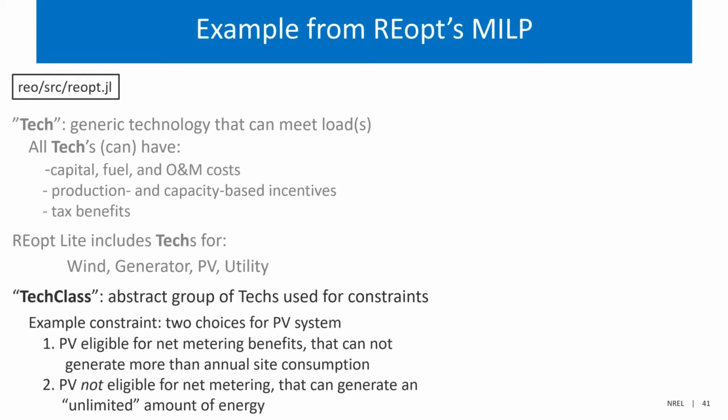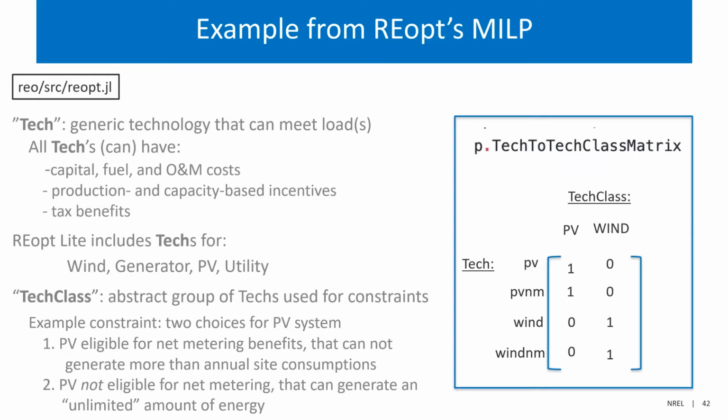The second PV that the model can choose from is one that cannot take advantage of those net metering benefits, but by not taking advantage of those benefits, it can generate more than the annual site energy consumption. I put unlimited in quotes here because it's not really an unlimited number in the model. We actually use some big number for that constraint.